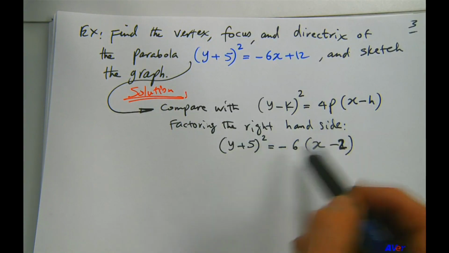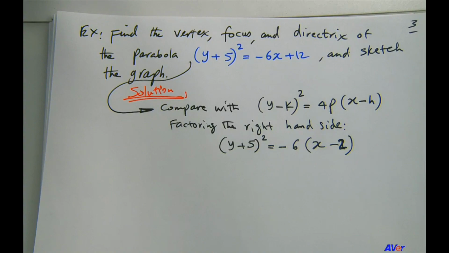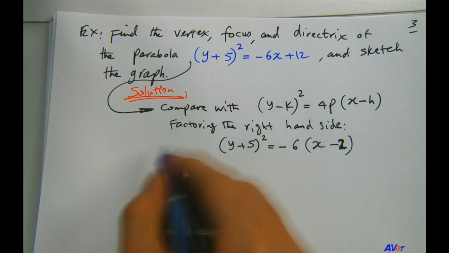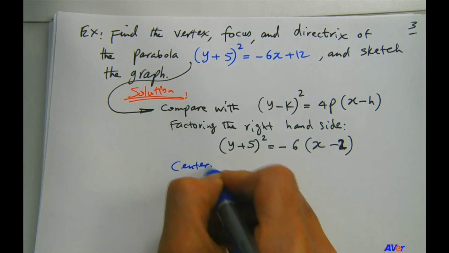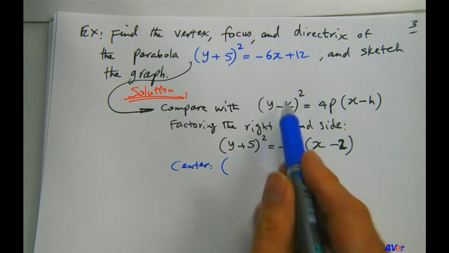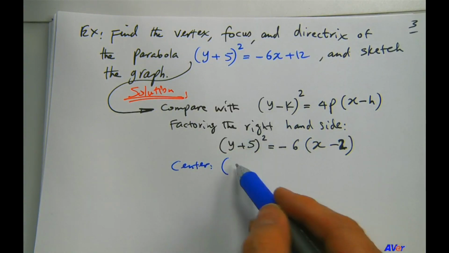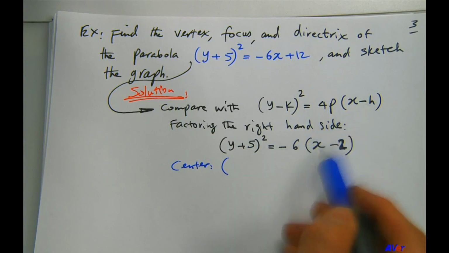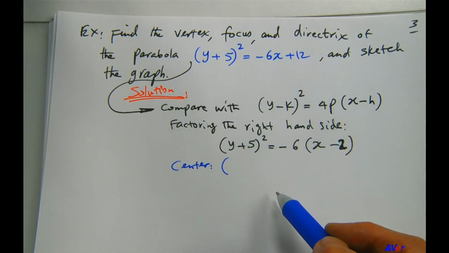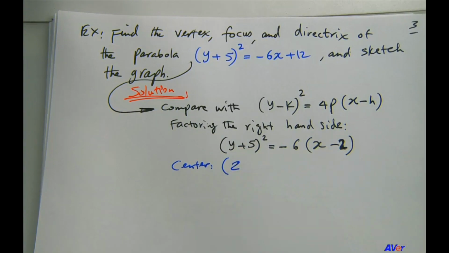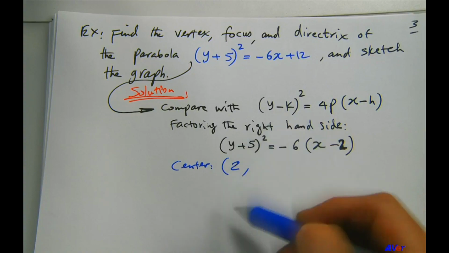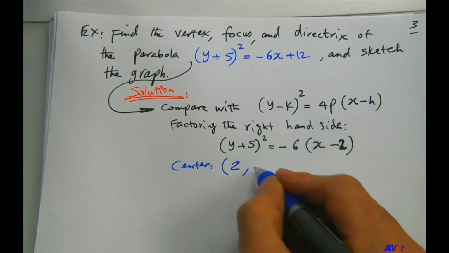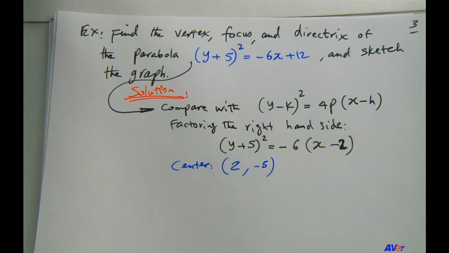Okay, so now compare this with that. What is the value of h? Compare this with that. It is 2, right? Positive 2. Comma, how about k? What is the value of k? It should be -5, right? Like that.